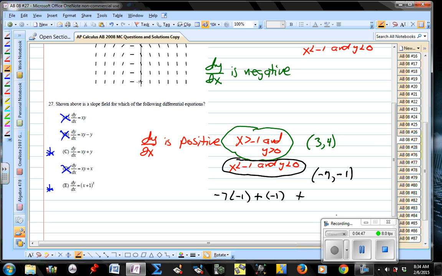That's true. Now let's check part E. Replacing x with -7, -7 plus 1 is -6. -6 cubed is negative. So it looks like E does not meet all the criteria, and option C is our answer.